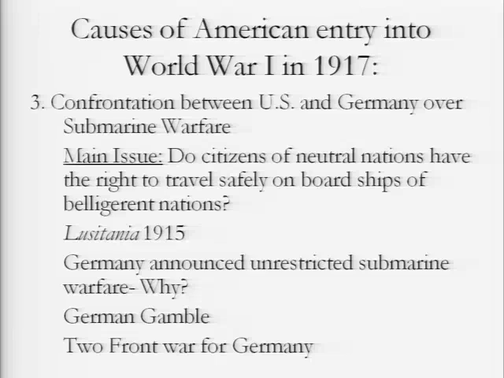So they announced this submarine warfare with the hope that it will disrupt all of those supply lines, settle the war in the east against Russia, which we're going to talk about today, and then bring those troops from the east to the west, launch a massive assault on France, and win the war before the United States can actually get involved. They failed to do this, right? As we indicated, they're going to lose this conflict. But that's what the German gamble was all about, and this was a gamble that did not pay.